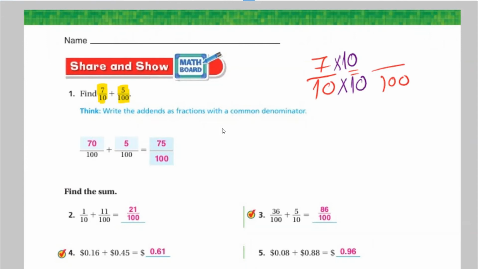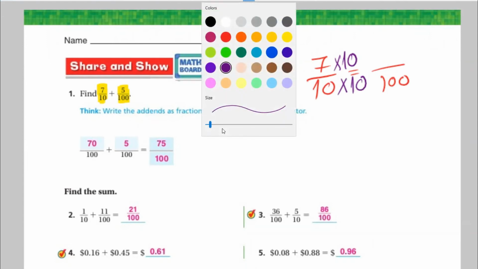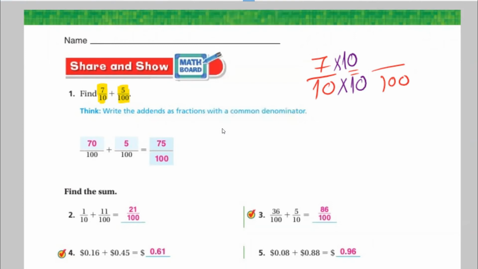So 7 multiplied by 10 equals what? 70. So that's our new fraction that we're gonna use to add them together, okay?